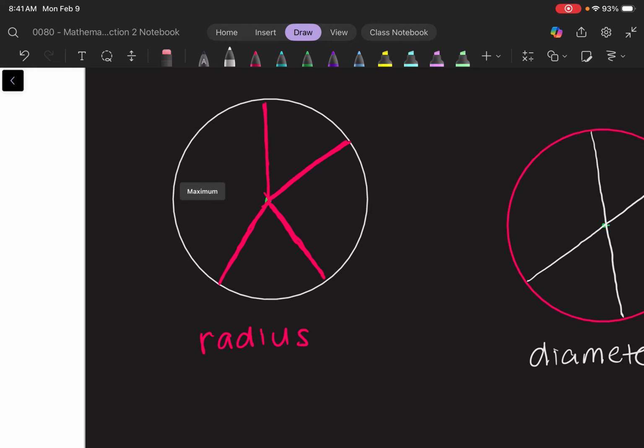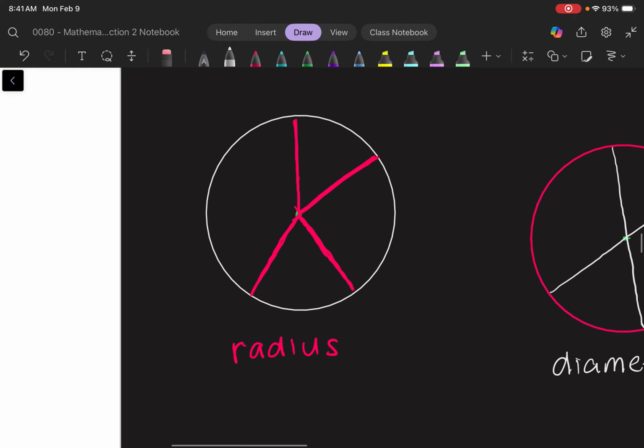Now I want to focus on the radius right now. And the reason I want to focus on the radius is because the radius of a circle is the same distance no matter where I put it. Because that's actually how a circle is formed. I take a radius of whatever length I choose, I measure it out from the center point, and I get these points all the way around the circle, because I keep on drawing radii in all directions.